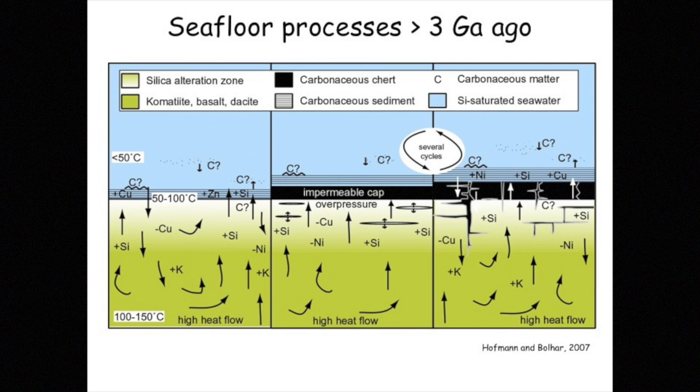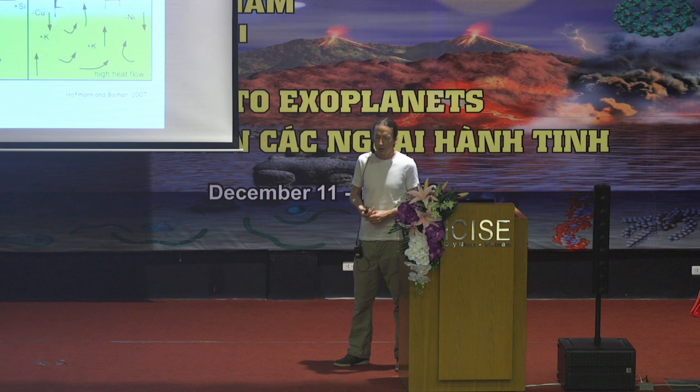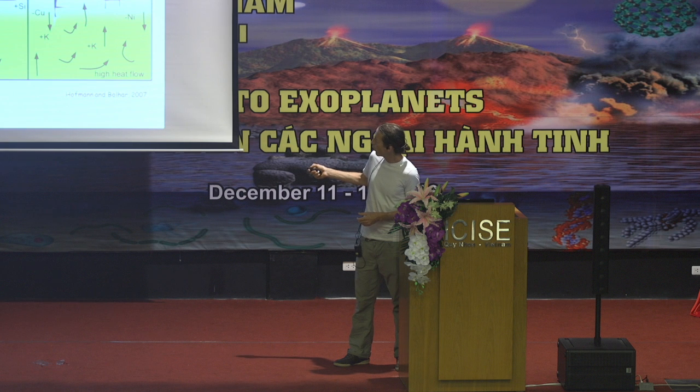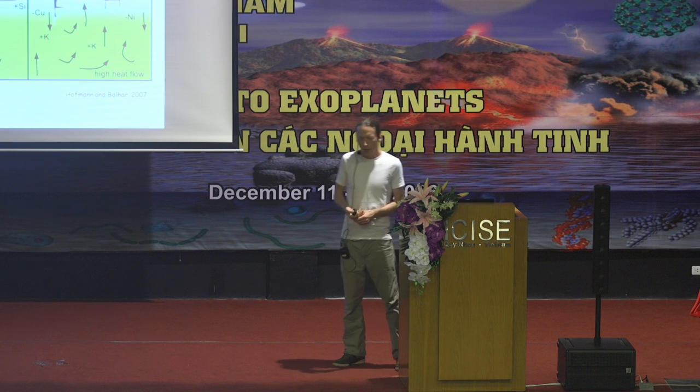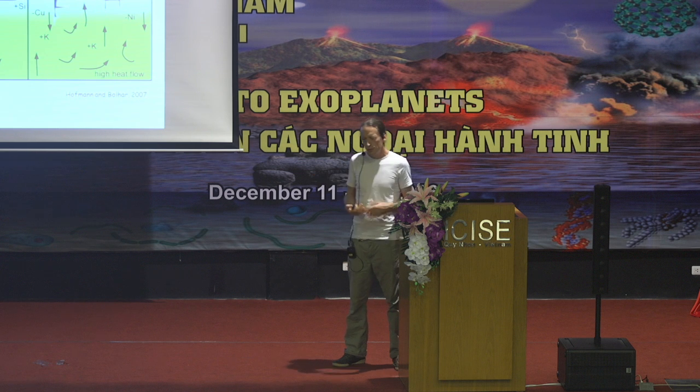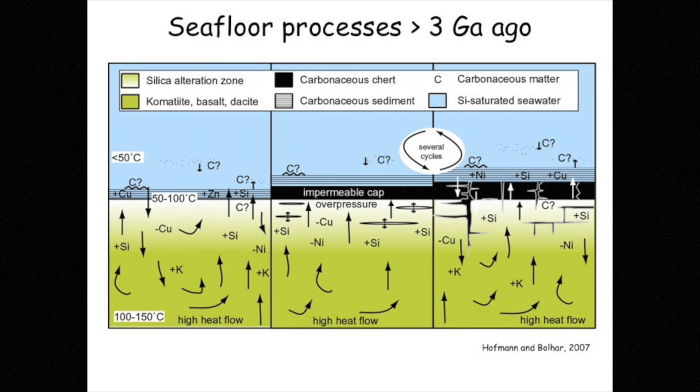So you had these low temperature hydrothermal processes operating on the seafloor. At the same time you had deposition of sediment. The sediment contained a volcanic component. The sediment also contained some organic component, which we are still not quite sure where exactly it formed. Did it form in the shallow part of the ocean and settle down? Did some of it form on the surface of the ocean, maybe aided by hydrothermal processes?